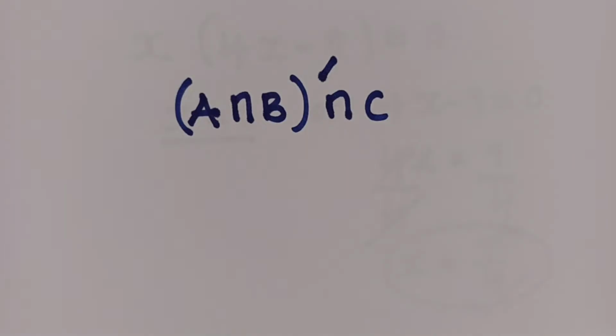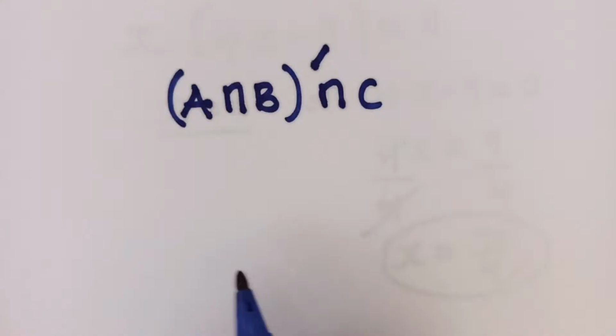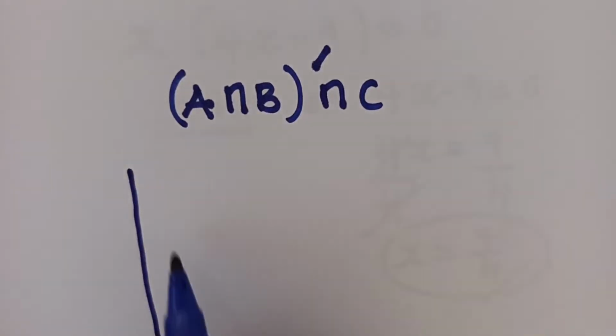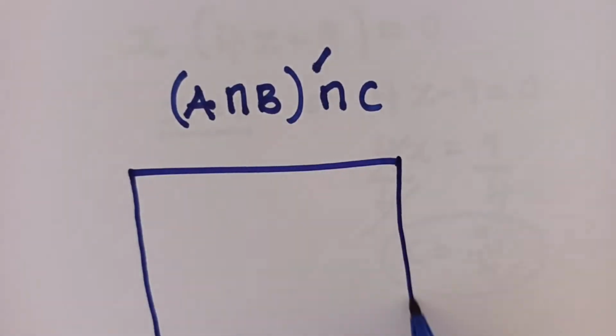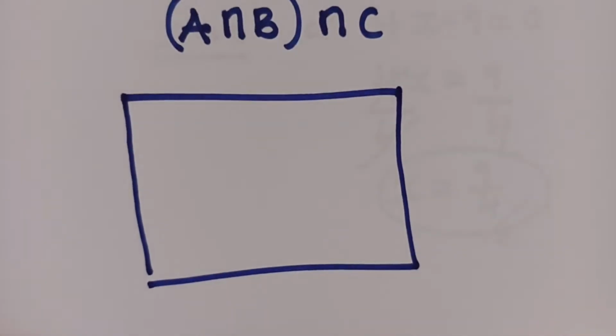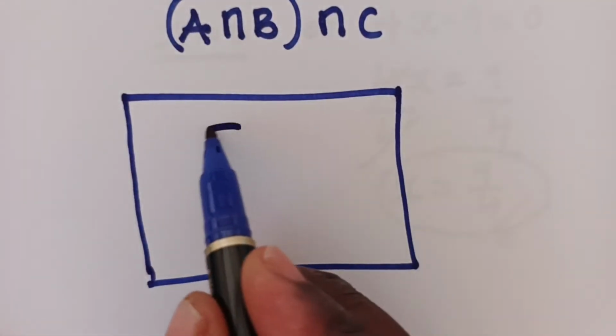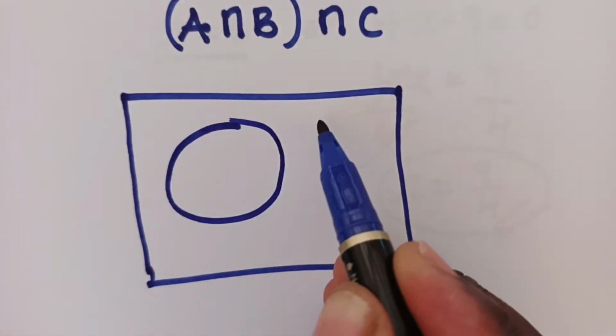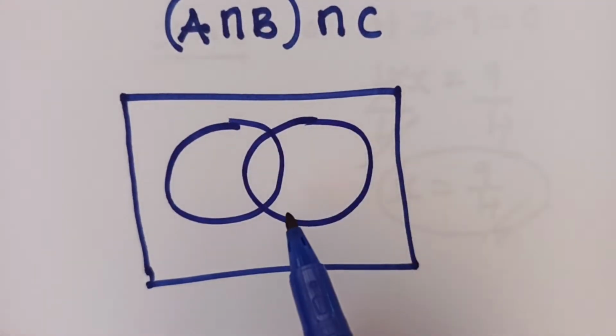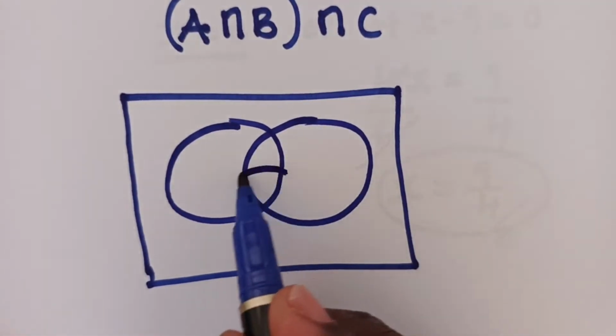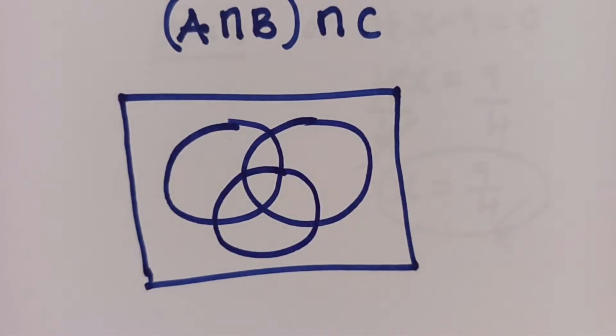Okay, so now to shade this one, basically, they will give you the Venn diagram where you need to do your shading. There are 3 sets involved. You need to label that.